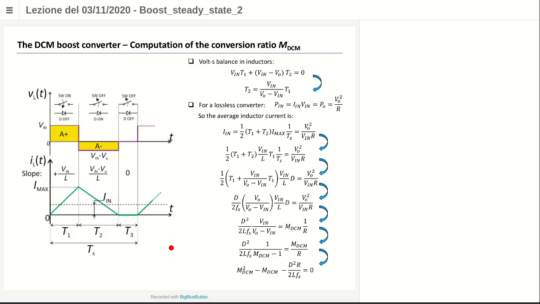That means the current should flow from the cathode to the anode in the diode. This is not possible. So what happens in that specific situation?